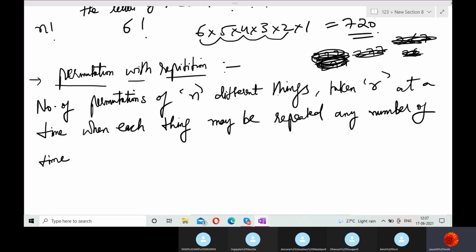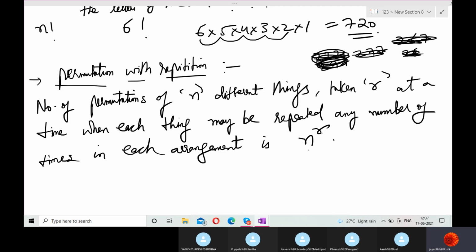So number of permutation of n different things. See, you should not go for all the mechanics. Directly apply the formula which I'm giving. That's it. That's simple. So number of permutation of n different things taken r at a time when each thing may be repeated any number of times in each arrangement is n power r.